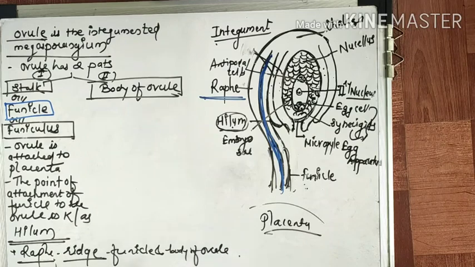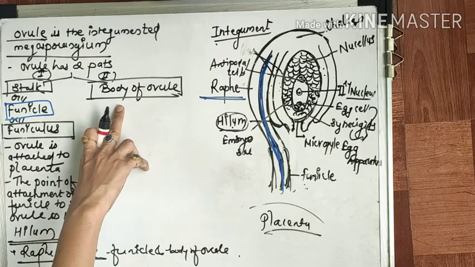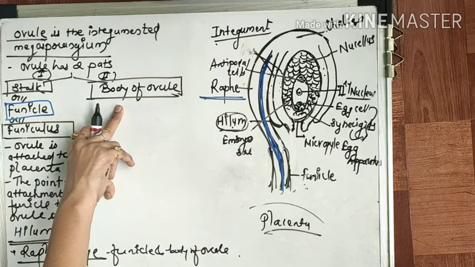Understood? So this all comes under the first part of ovule, that is called the stalk, or we also know it as funicle. Now the second part of the ovule is known as body of ovule.